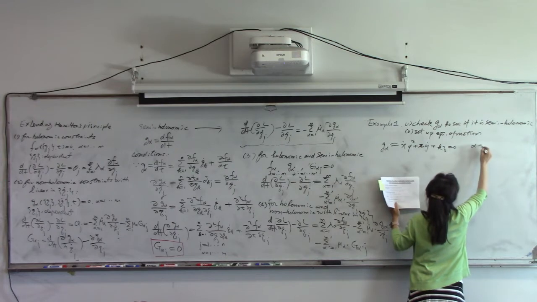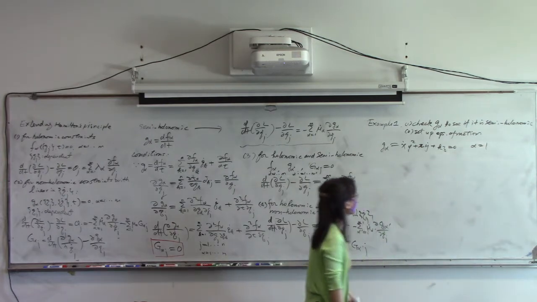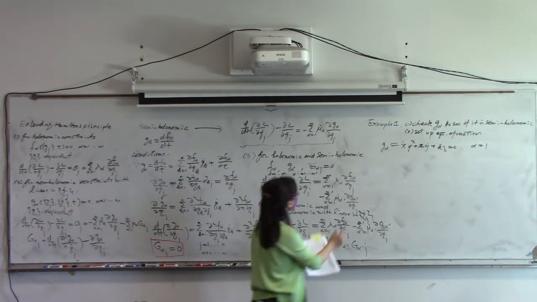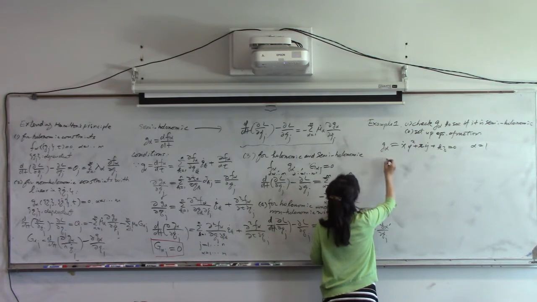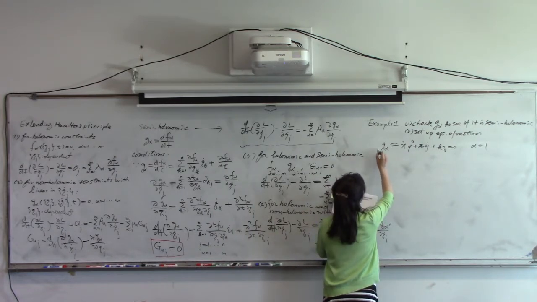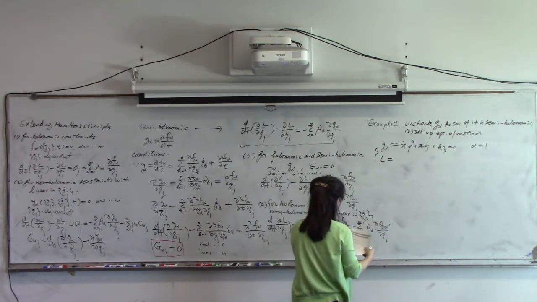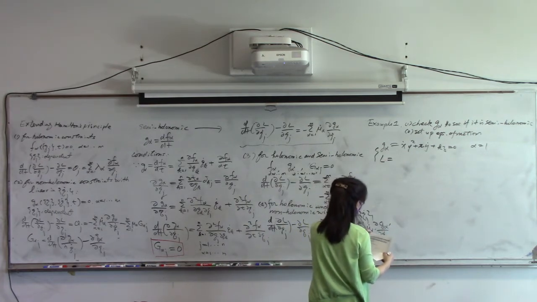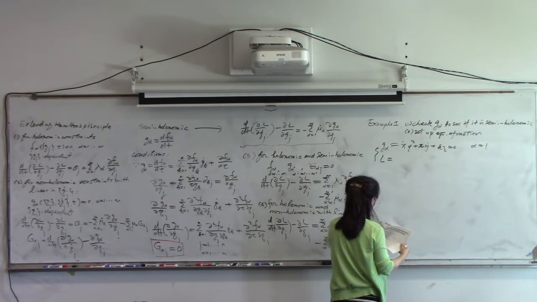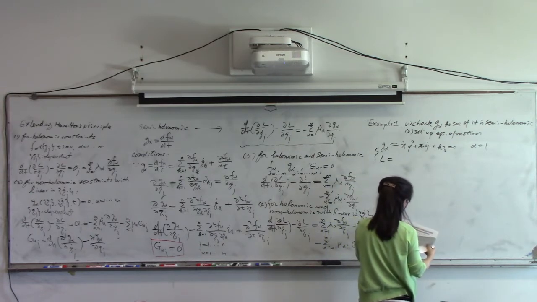So alpha only goes to 1, right? Only one equation of constraint. And here what we know is there are two pieces of information. The Lagrangian, so here's the Lagrangian. This is the generalized kinetic energy plus potential energy.